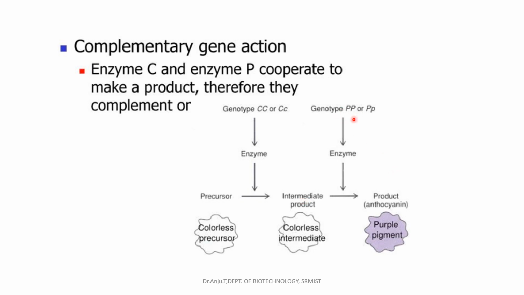And gene P in turn produces enzyme P, which helps in converting the intermediate product into the final colored product. So here both genes work together to produce the final product. This type of action, where each gene complements the other, is called complementary gene interaction.